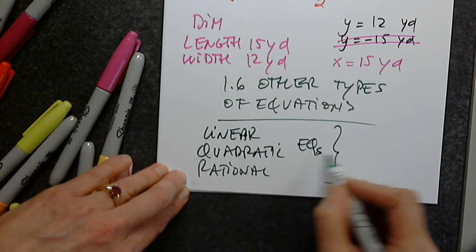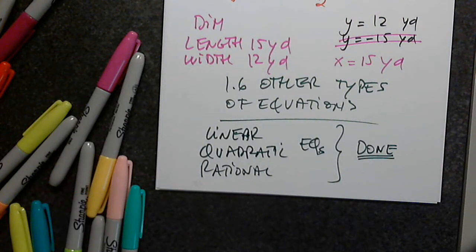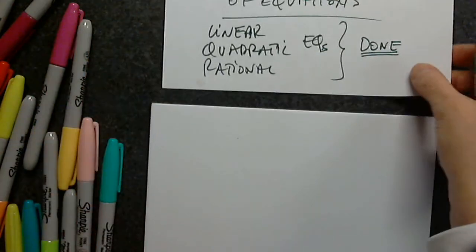Equations, done. Which means 1.5 is due on Monday, okay? Not 1.6, because we're not going to be able to finish it today.